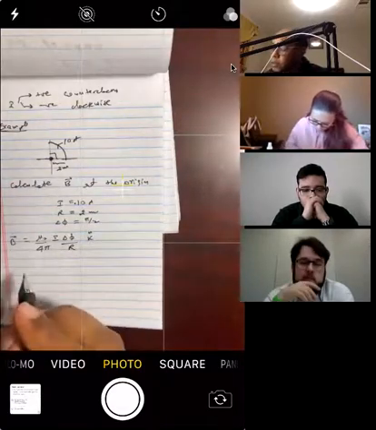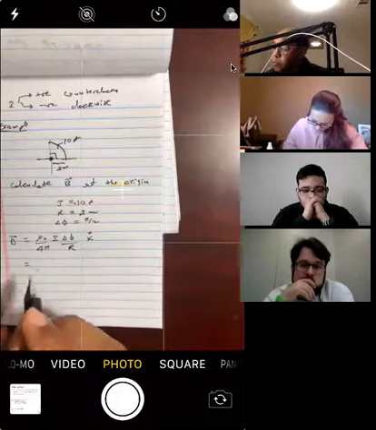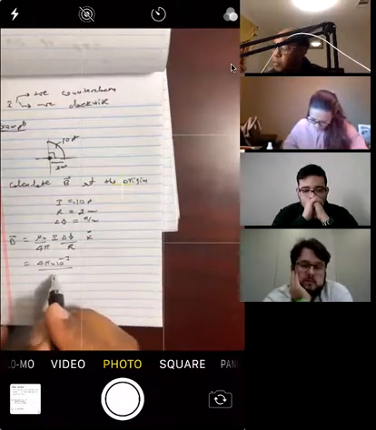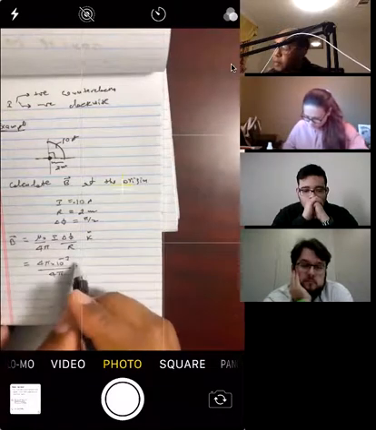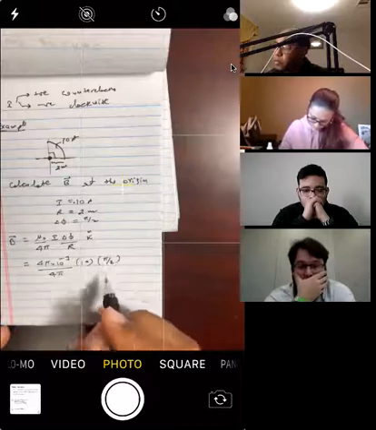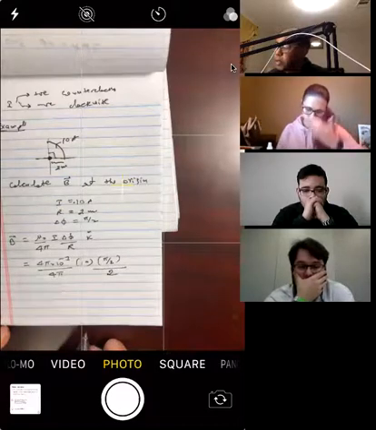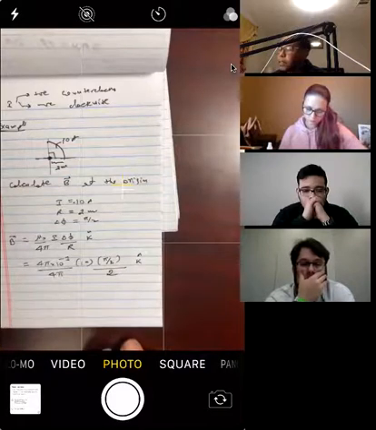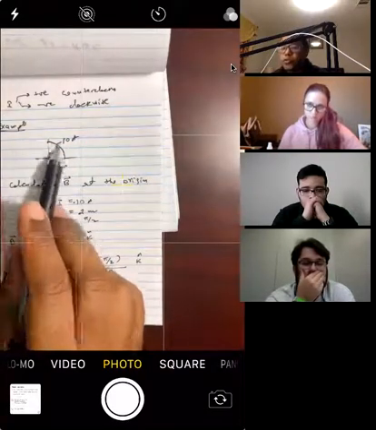So we have 4 pi times 10 to the power negative 7 divided by 4 pi. The current is 10 amps. Delta phi is pi over 2. And then divide by the radius, which is 2, in the k direction. So this is the magnetic field at the center due to this arc.